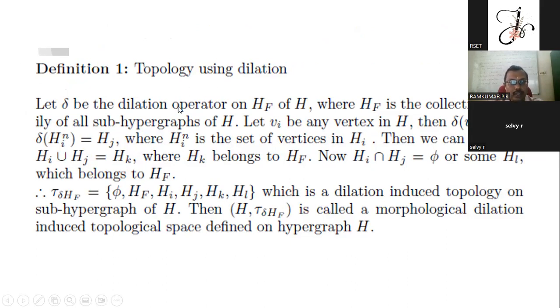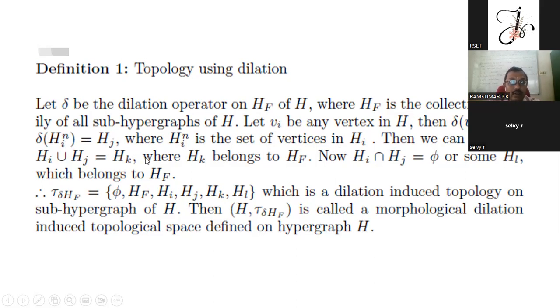So, topology using dilation. Delta is a dilation operation on this collection of sub-hypergraphs H_F of H. And if you consider any vertex v in H, then the operation delta(H_i) is equal to H_j. So we get another sub-hypergraph H_j, where H_i is the set of vertices in H_i.